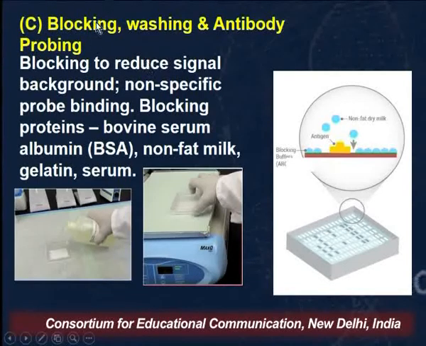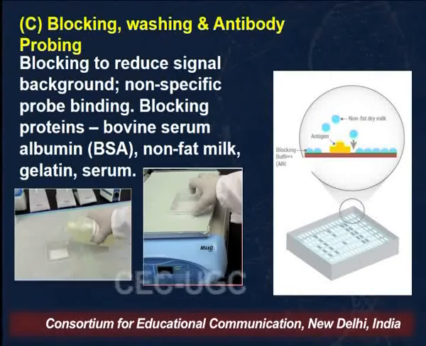So the blocking, again we talked about it in Southern blot hybridization, that whatever region where the bands are not present, you cover it with, for example, salmon sperm DNA. Similarly, here, whatever region of the membrane is not covered by the protein bands, you have to cover with some neutral or inert protein.